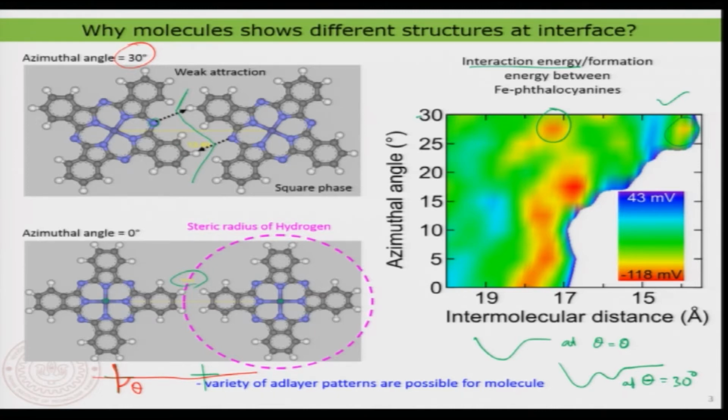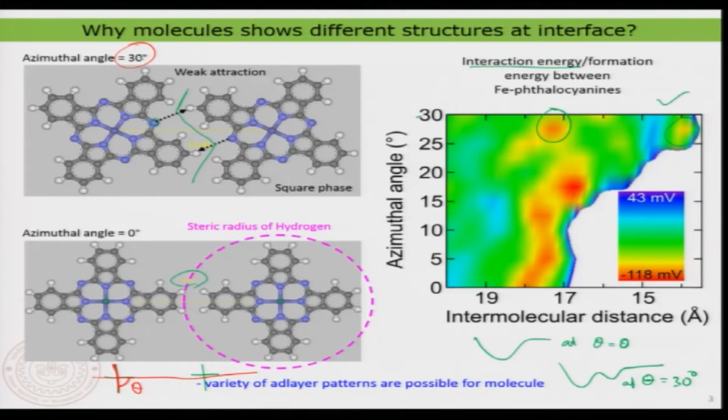That is quite interesting about the molecule, and now you can understand clearly what would happen for the so-called interaction energy as a function of azimuthal orientation and intermolecular distance. This is the picture that you have to consider in finally understanding the complete molecular interaction, because there are two independent parameters, the orientation and the distance.